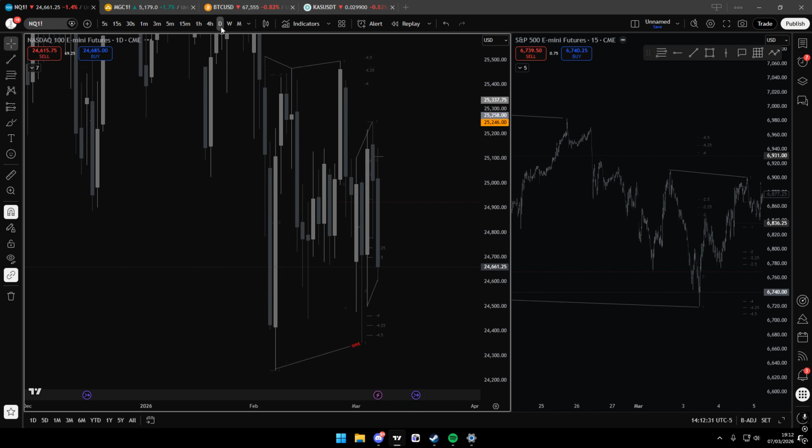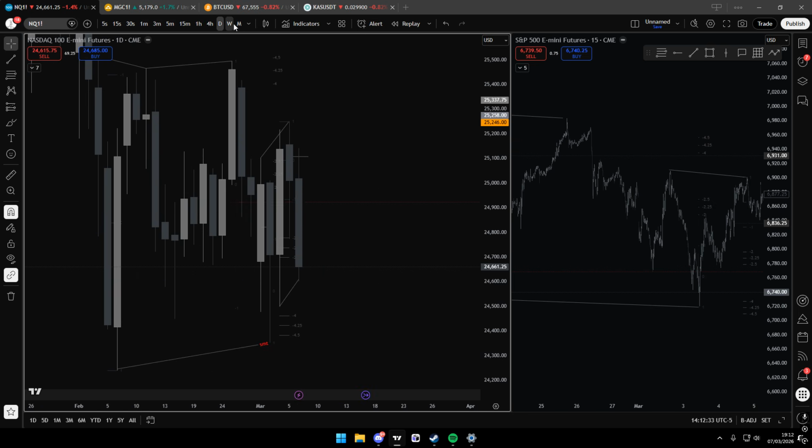Now you can scale to the highest time frame you want and look for the PD array that you want to trade. But here at the time, Monday, there wasn't really anything except this daily order block.